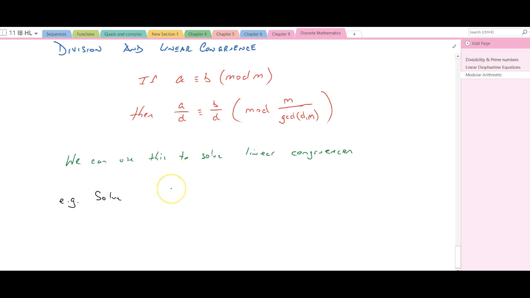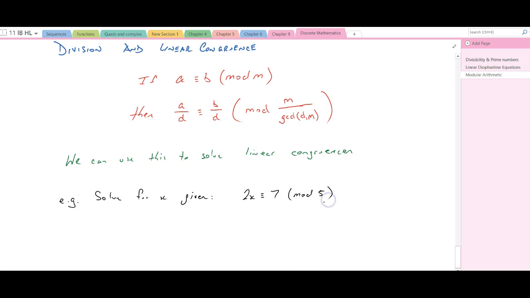Solve, or find the values of x, or solve for x, given, in the first example, that 2x is congruent to 7 in mod 5.